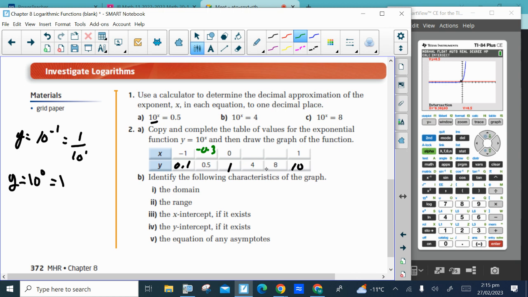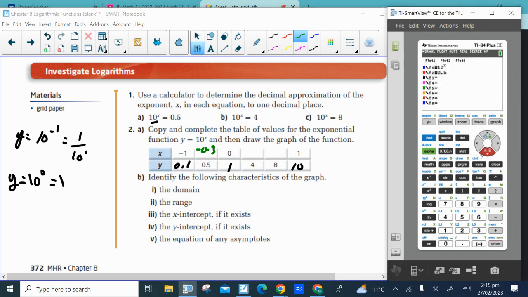The next two we have to find is what value of x will make 10 to the power x equal positive 4. So we'll change that second equation to positive 4. We'll graph it and find that point of intersection. That's 0.6.